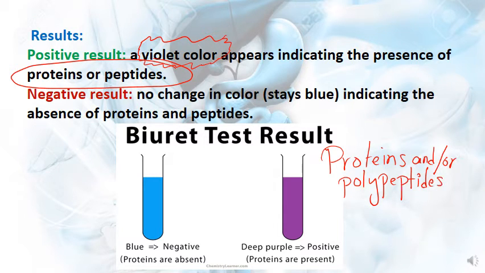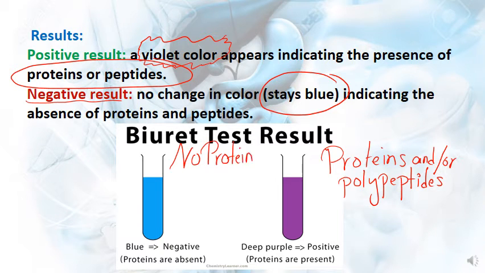While for the negative result, meaning that we don't have proteins and/or polypeptides, the color will stay blue. So there is no protein and/or polypeptides. So repeat this.